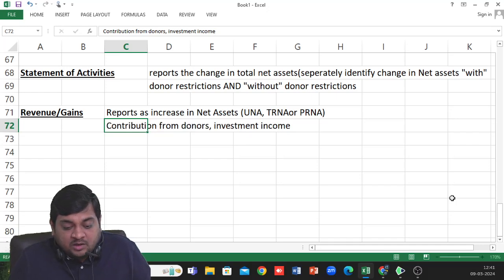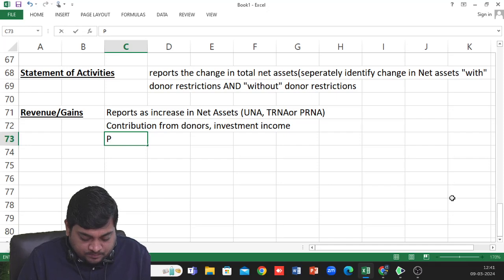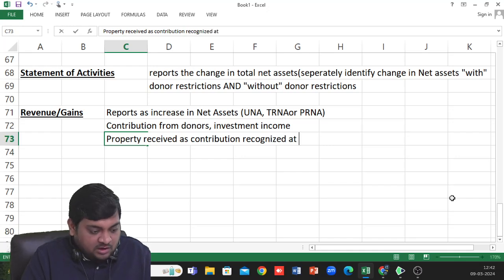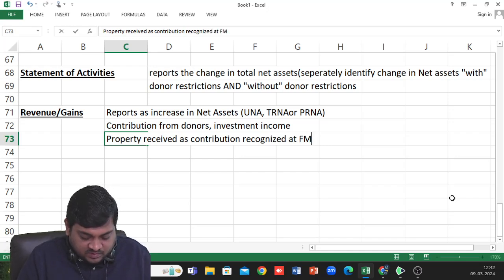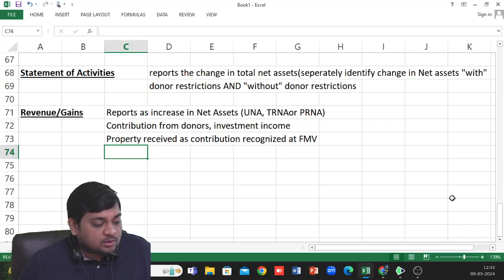Now if you receive some non cash contribution, like you have received some property, we will record it at fair market value. So property received as contribution is recognized at fair market value. These are some important points that you need to note.